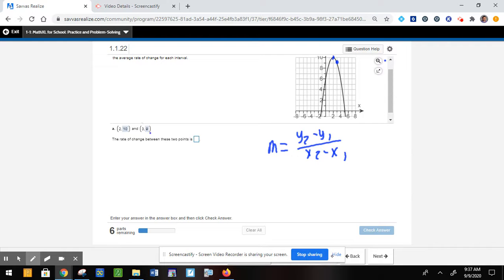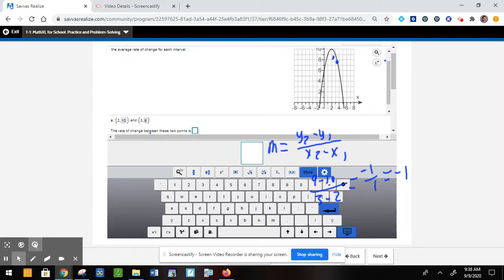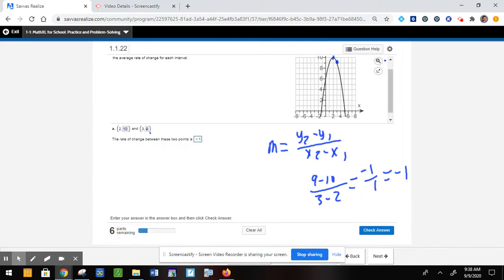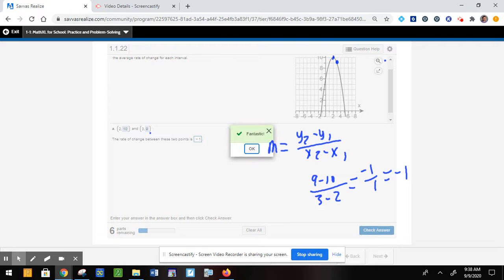So it'd be 9 minus 10 over 3 minus 2. So you end up with 9 minus 10 is negative 1. 3 minus 2 is 1. That's negative 1. So let's enter that. Okay, that's good.